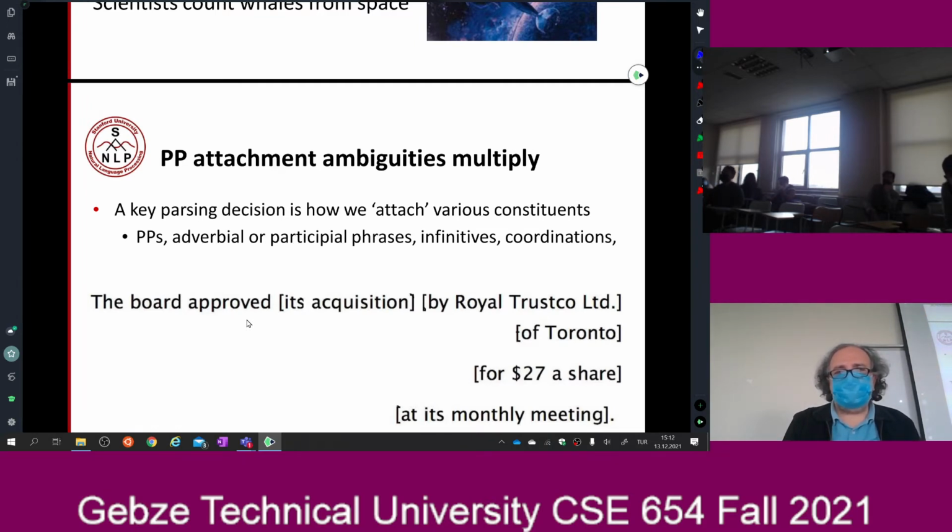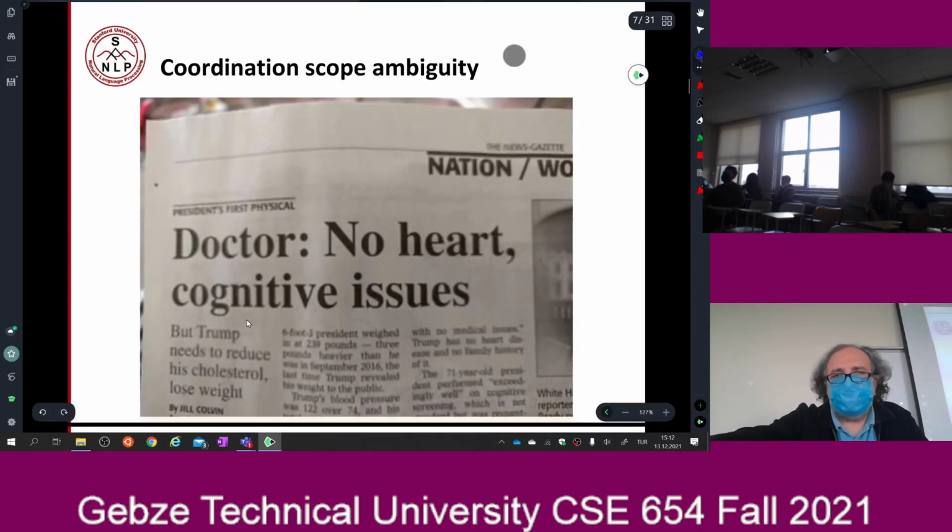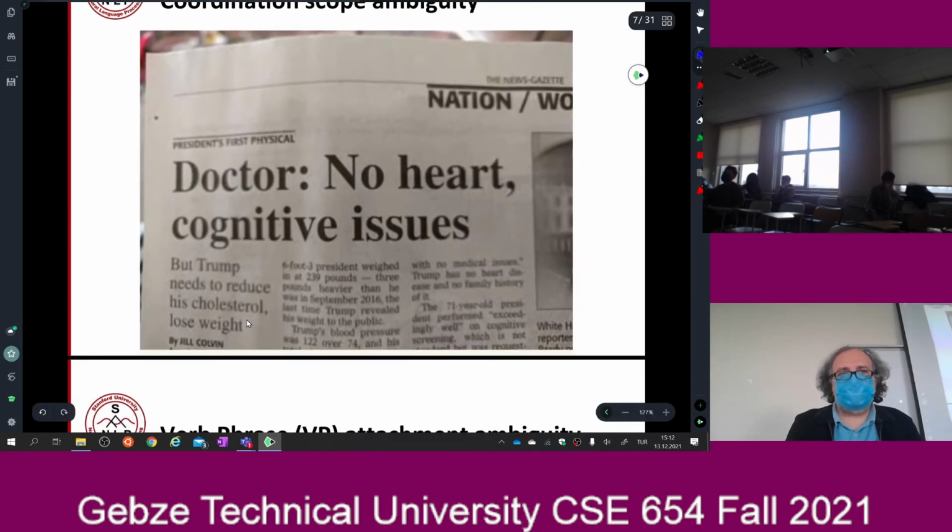But maybe those are not important in terms of what is what. Maybe I should just do the dependency parsing and not care about the ambiguity, because ambiguity will be handled later. Okay, so this one is good.